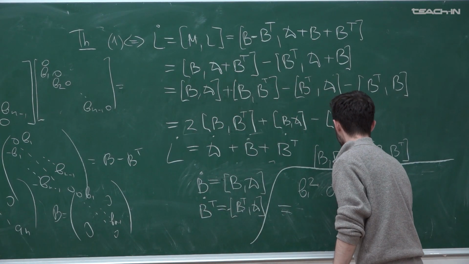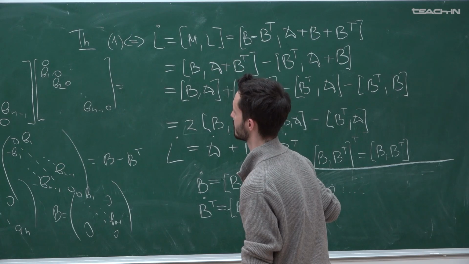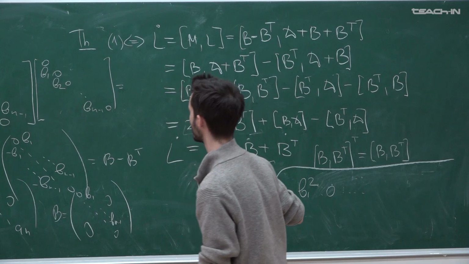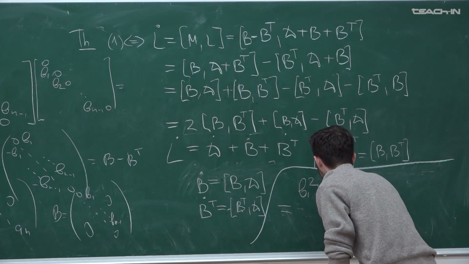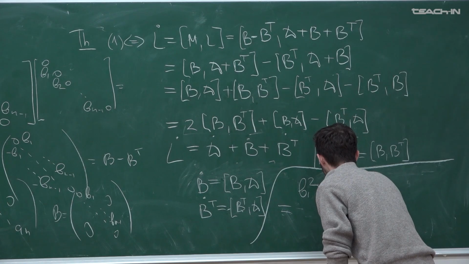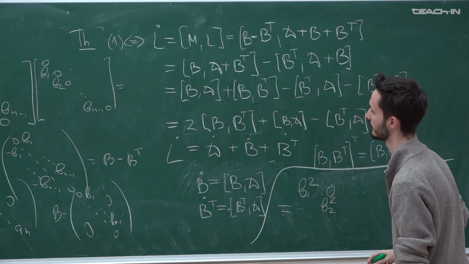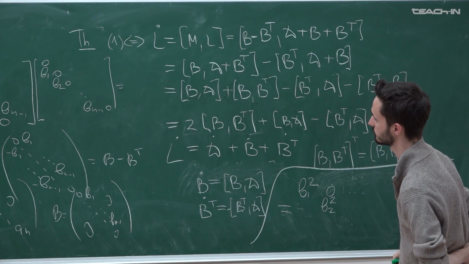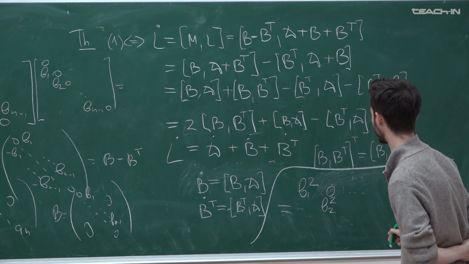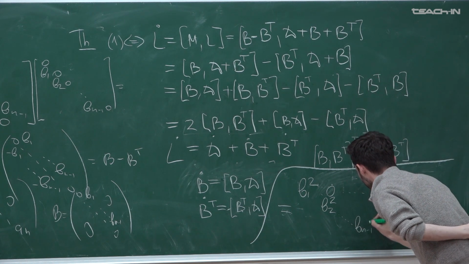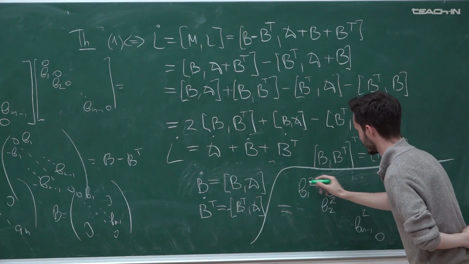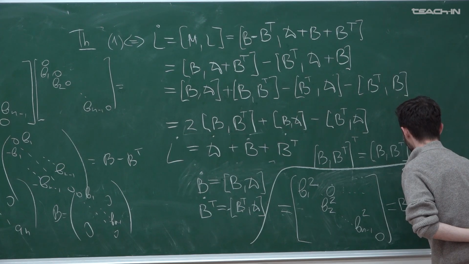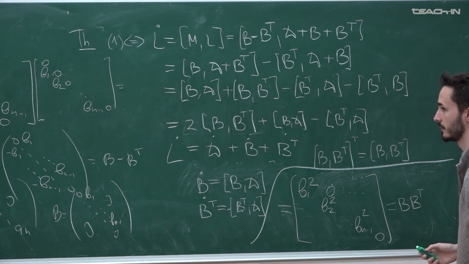Then there is nothing. So this is B times B transposed.